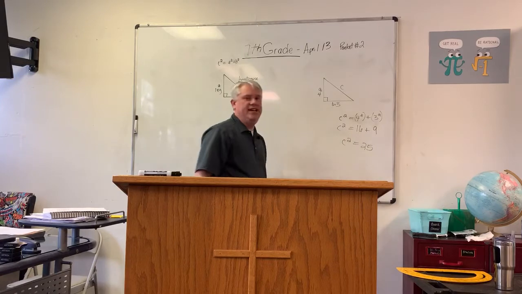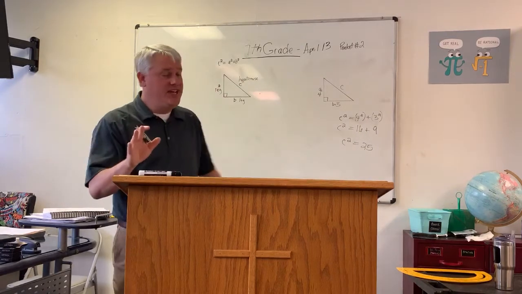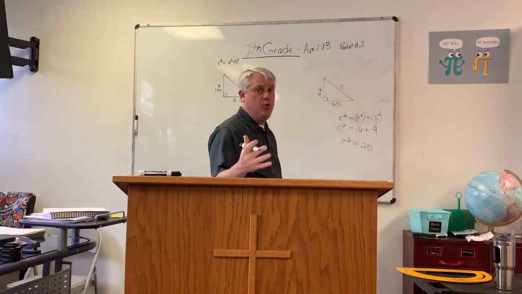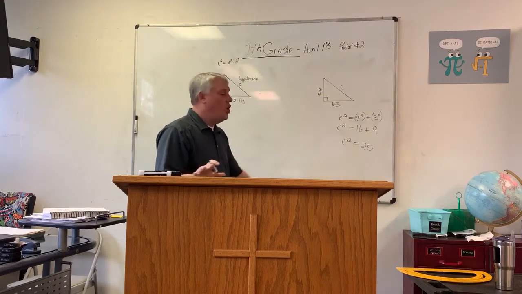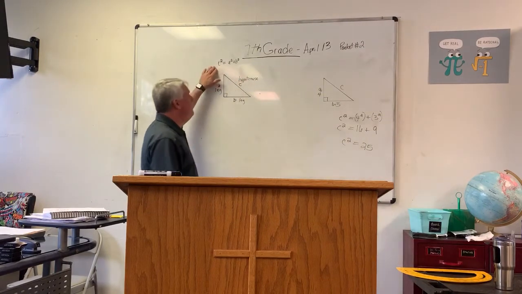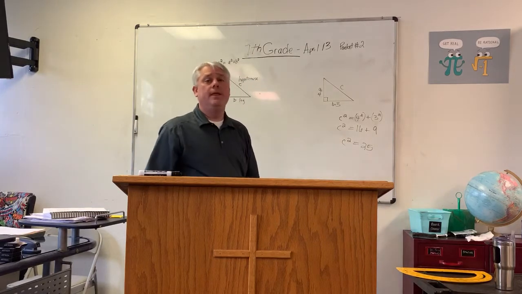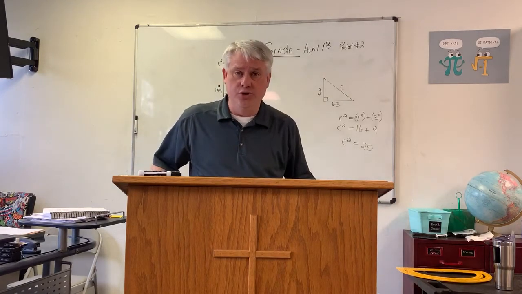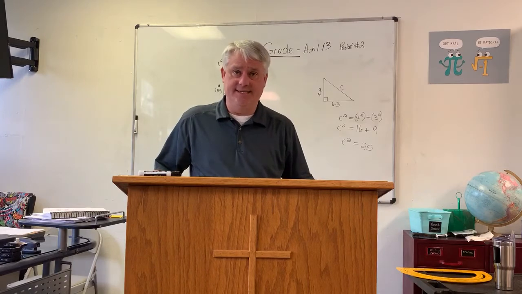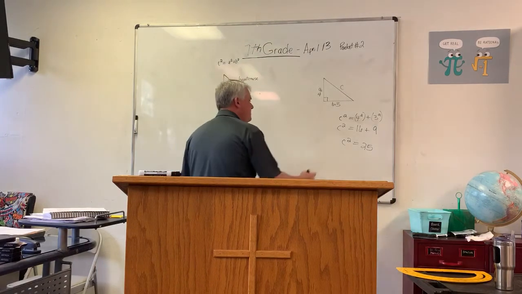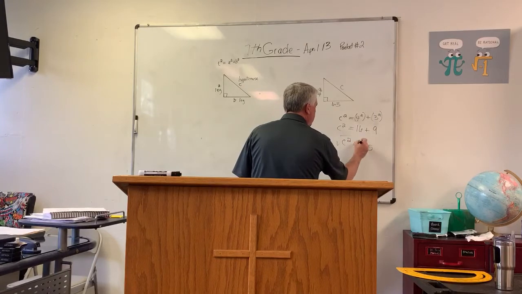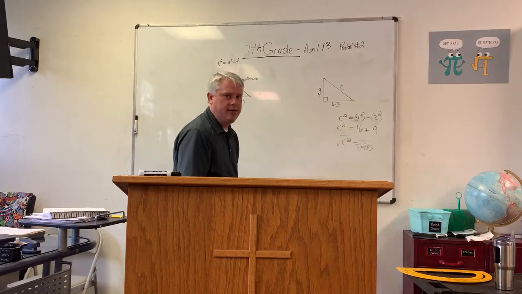C squared equals 25. Now, I still have one more step, and this is what you need to watch. Very simple. Always, when dealing with the Pythagorean rule, to finally solve, I'm going to take the square root of both sides. Okay, now watch this. I take the square root of C squared.